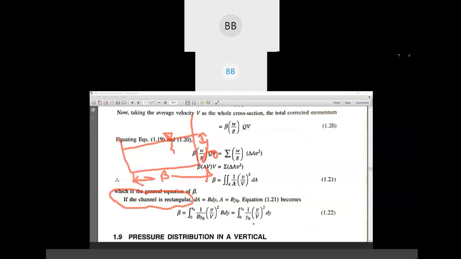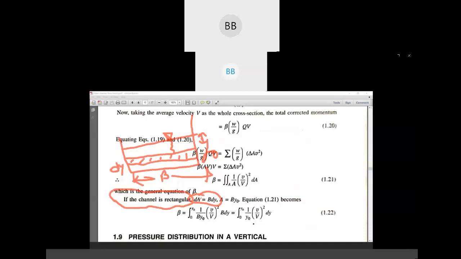So here now, if we consider a small elementary area, your dA will be B into dy. The width of the channel is B, and for the small elementary area, your depth is dy.